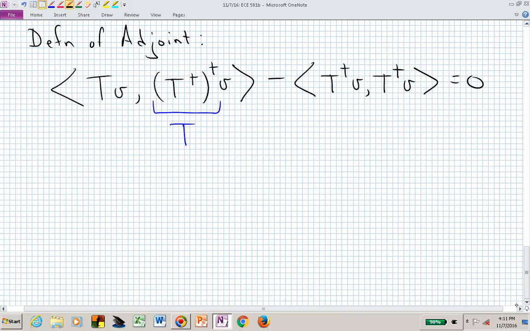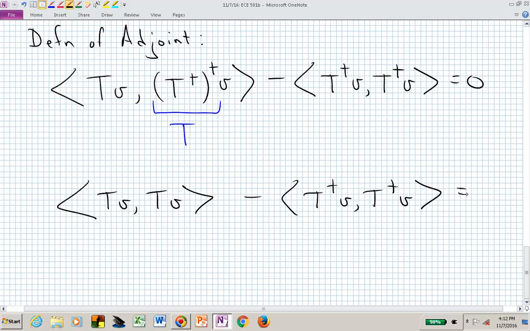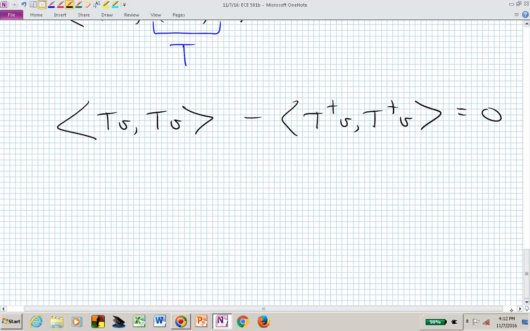And what does this now allow us to do? Now we can say that we have this TV inner product with itself on the left, and on the right we have T dagger V inner product with itself, equaling 0. But we know another way of writing that particular kind of inner product, since what's in the first slot is in the second slot. That's now just the norm squared.